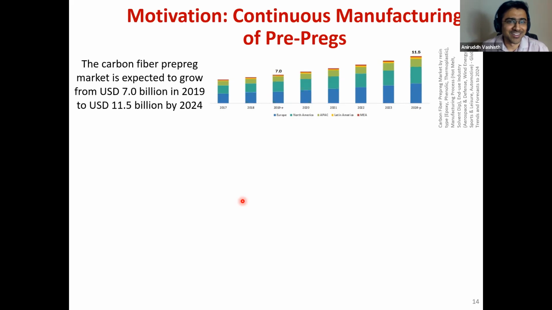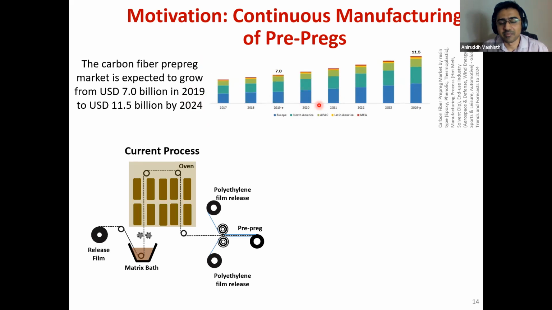Before COVID threw a monkey wrench into everything, I found a very interesting report showing that the market for carbon fiber pre-preg is growing dramatically. But manufacturing carbon fiber pre-preg is a very energy expensive method.